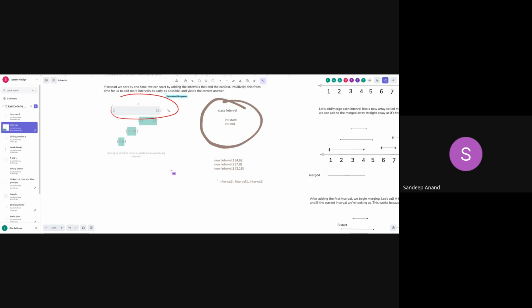I'm just trying to understand how it makes a difference if you choose to sort by the starting interval or by the end, because at the end the numbers fall in that scope. Whichever way you go, the end result will be 2 and 18, because all the numbers like 7, 8 and 4 and 6 are included in that, right? So how does it make a difference? Just trying to understand that part.